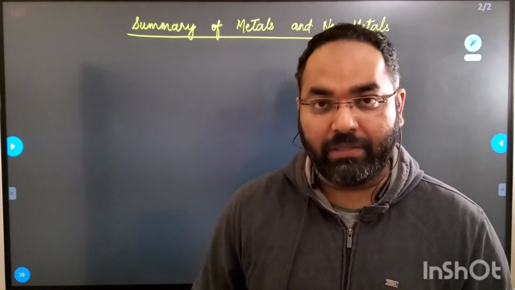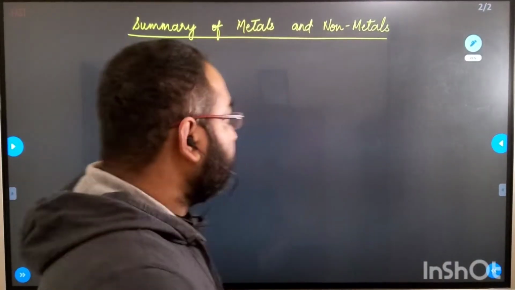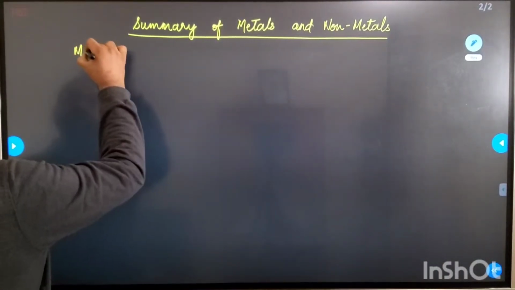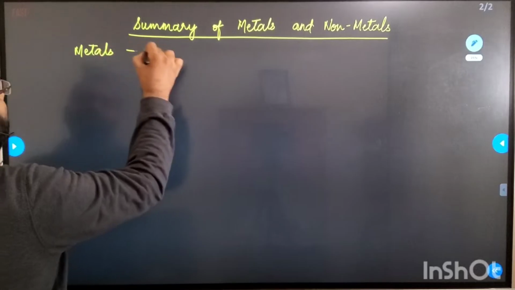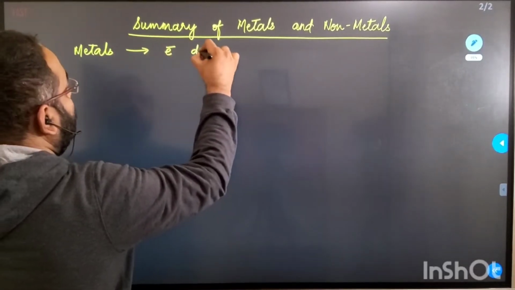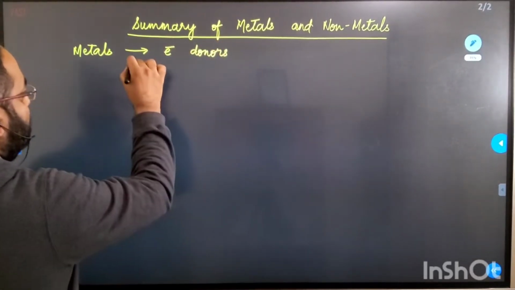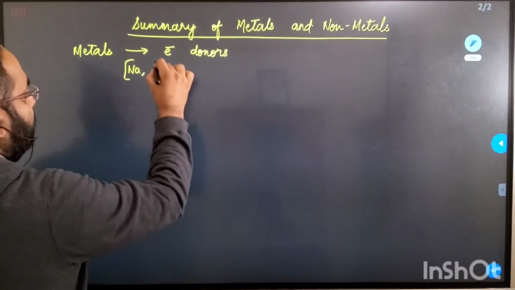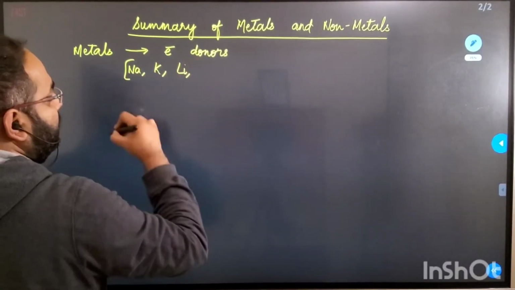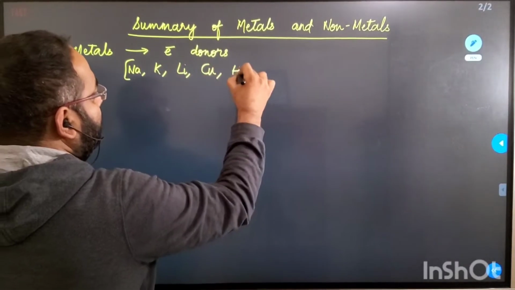Now in this summary video, we will be dividing the chapter into two parts. The first part is all about properties of metals and non-metals, and the second part is the entire metallurgical process of extraction of metals. Now to begin with, we all know metals are elements of the periodic table that are excellent electron donors, which means you take a metal such as sodium, potassium, lithium, copper, mercury.